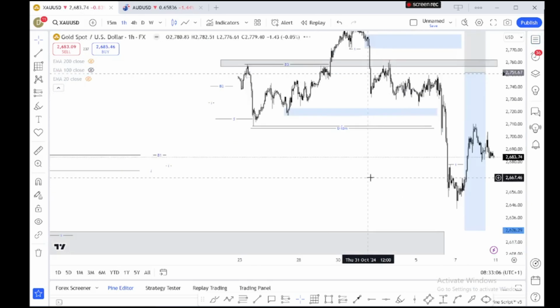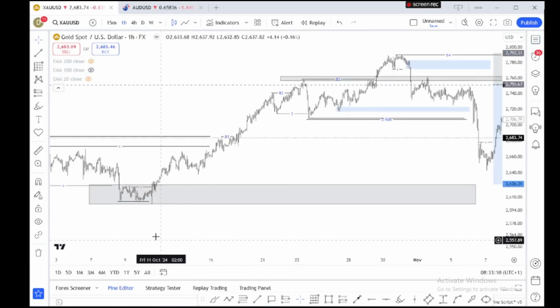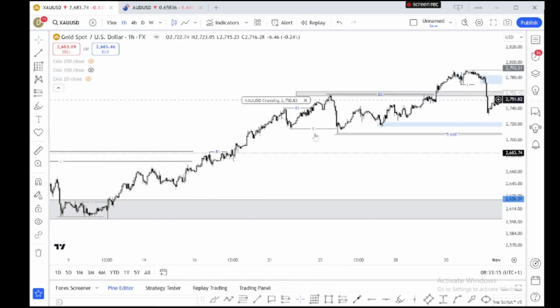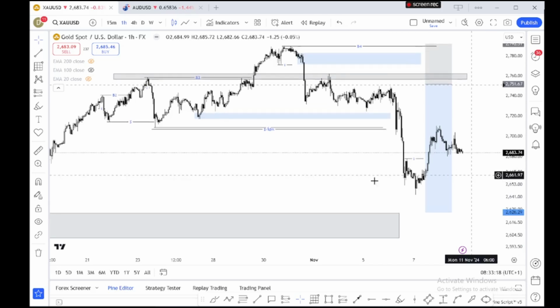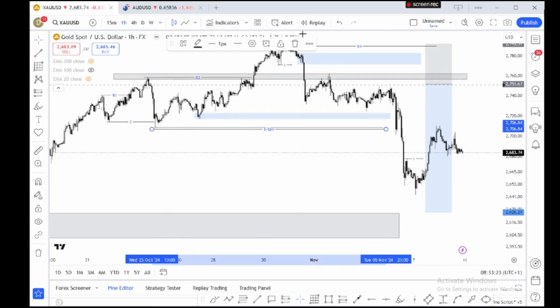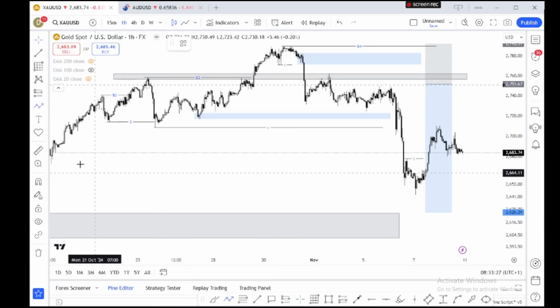Looking at gold in 1 hour, as you see, we are bullish. In 1 hour, market is creating higher lows. But suddenly, market gave us change of character here, because this is the level.